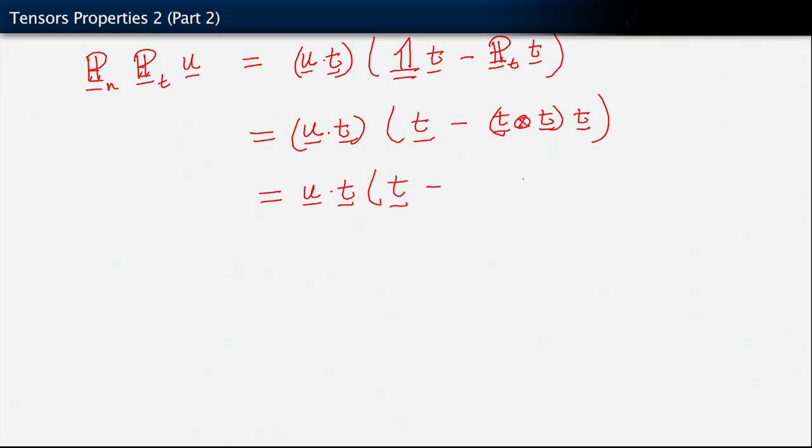So that's going to give us 1, leaving us finally with T times T dot T. But since T dot T itself is equal to 1, we see that all of this reduces to 0. So these projection tensors P sub T and P sub N are perpendicular to each other. We will find great use for them as we get into the definition of our constitutive relations.